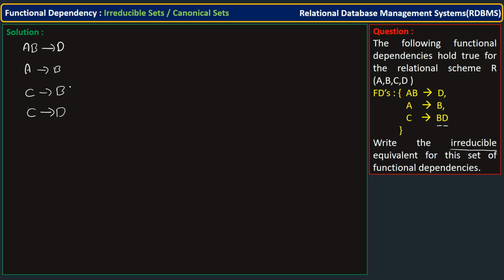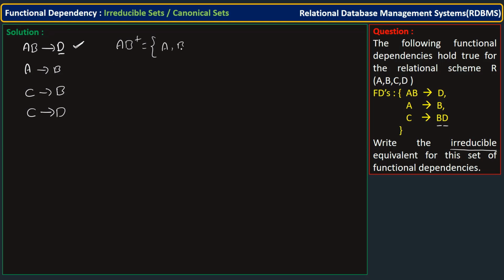Now what we have to do is take every functional dependency and find out whether it is essential or not. For that, with this FD and without this FD, let us try all possibilities. You must derive D. So if I find the AB closure without this FD, what do I get?